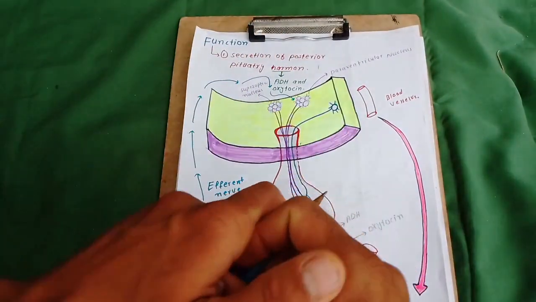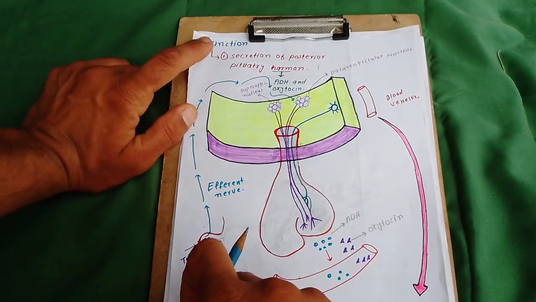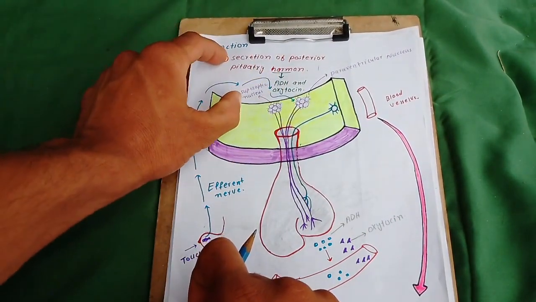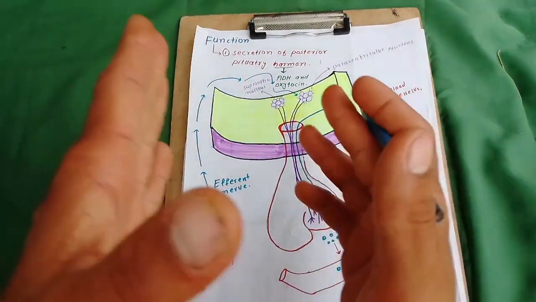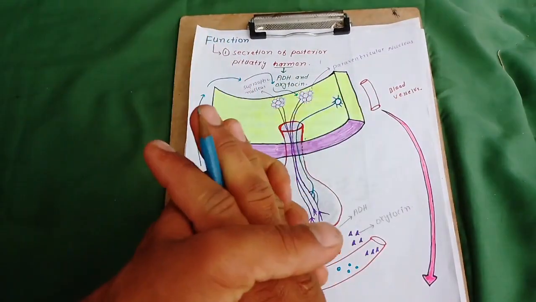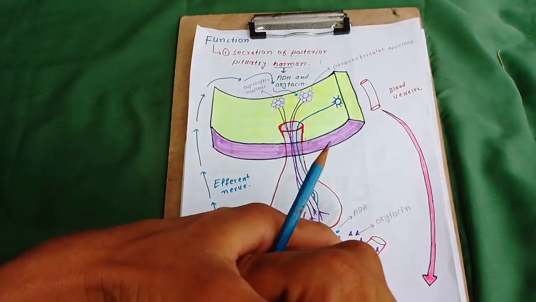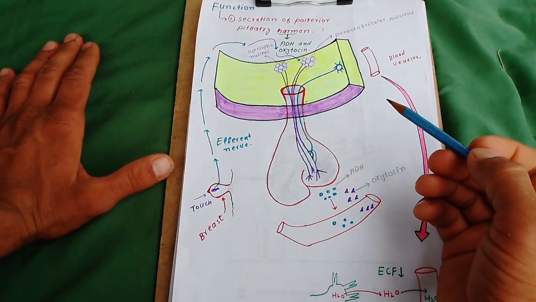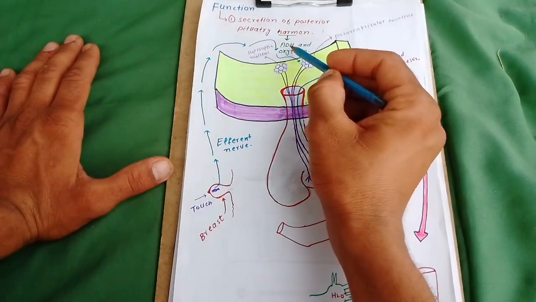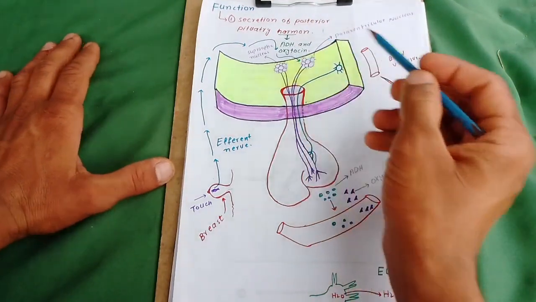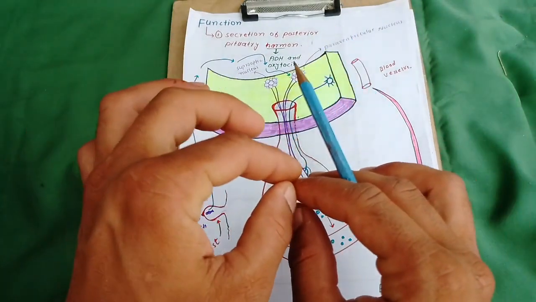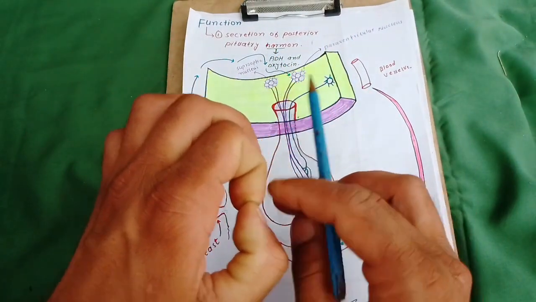These are all functions of the hypothalamus. But the most important function is the secretion of posterior pituitary hormones. Number one, secretion of posterior pituitary hormone: ADH and oxytocin. These are the only two hormones produced by the hypothalamus.